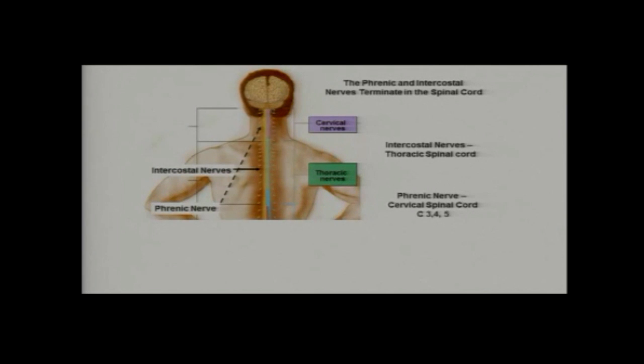Because a spinal cord injury below C3, 4, and 5 means that the phrenic nerve has already emerged out of the spinal cord and is unaffected by the injury. So individuals with spinal cord injuries above C3, 4, and 5 are going to lose the voluntary and involuntary contraction of their diaphragm, and are going to be reliant on mechanical ventilation. Okay.